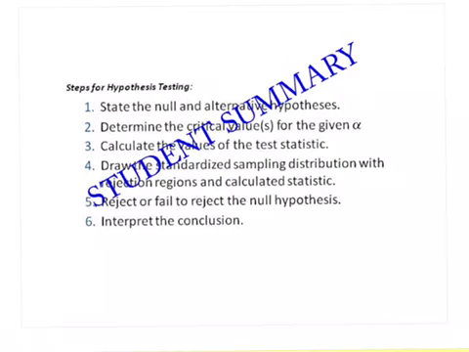Step 5, if your calculated value falls in the rejection region, you reject the null. We are correct. Also in step 5, if you draw and your calculated value is not in the rejection region, you fail to reject the null. They are right and we are wrong. And finally, the interpretation. At what percent significance level, is there enough information, and what is it you, the HA, are trying to say?